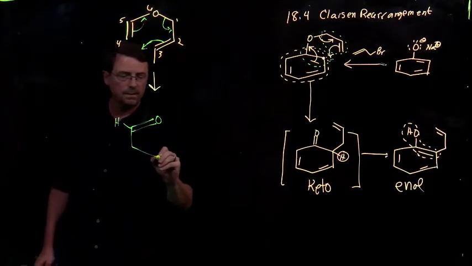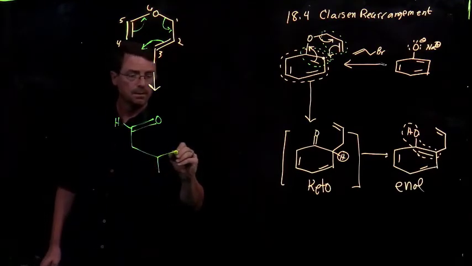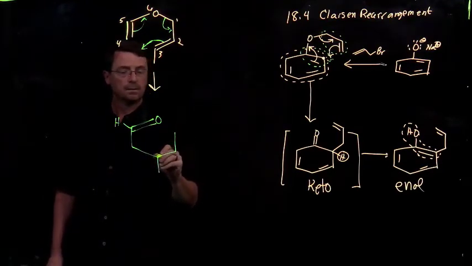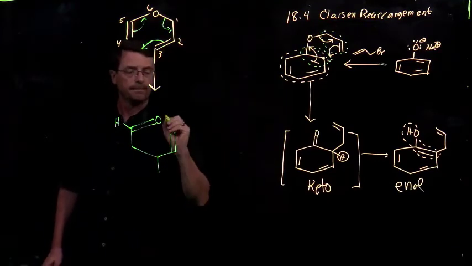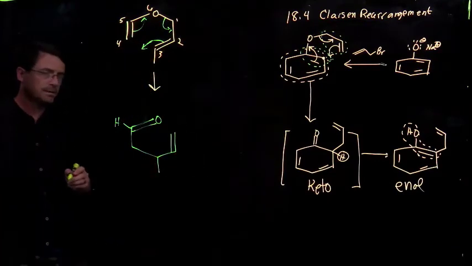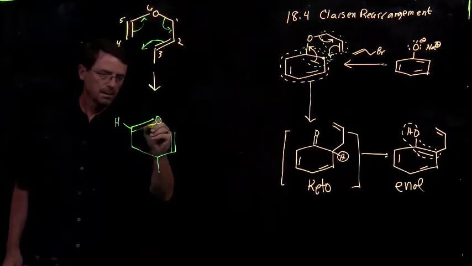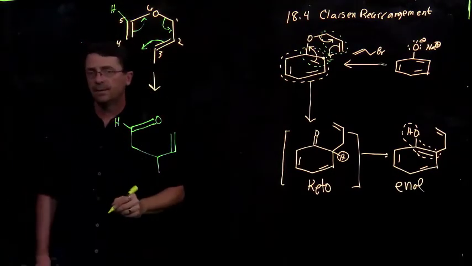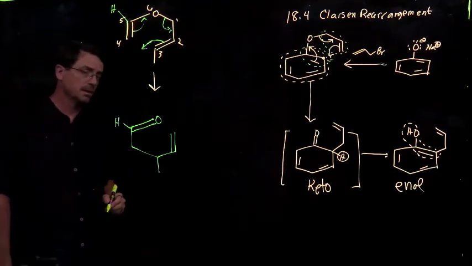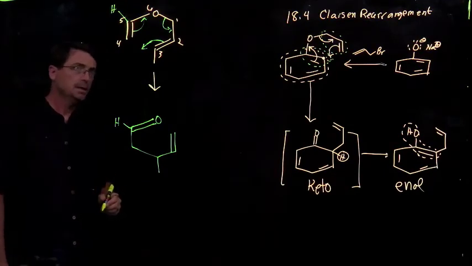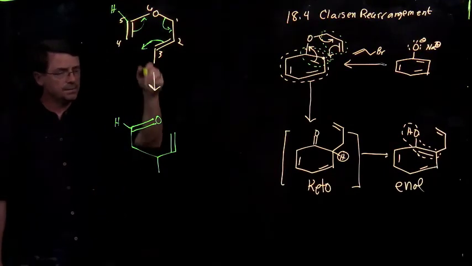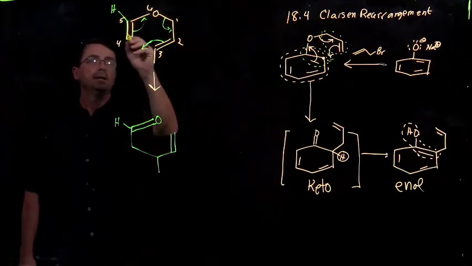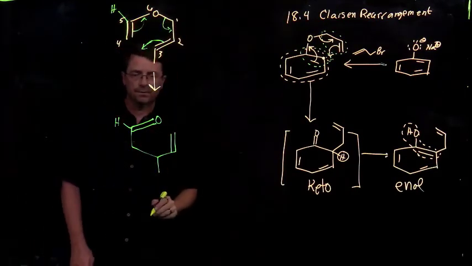We make a new product. In this case, the product is an aldehyde because I had a hydrogen here. That could have been an alkyl group, in which case we'd have a ketone. And so we can get these from these vinyl allyl ethers.